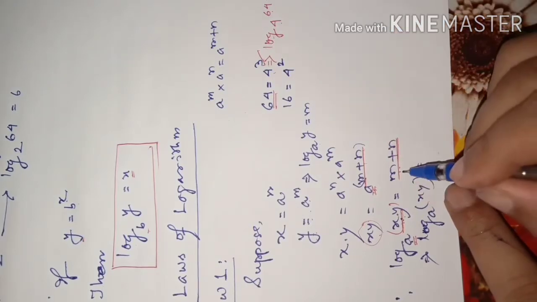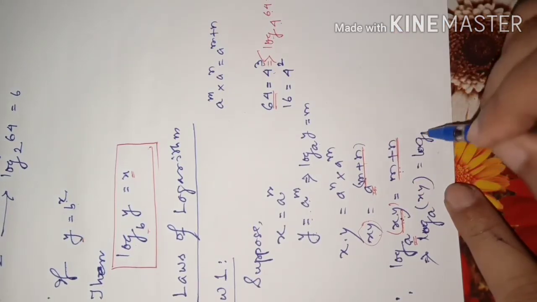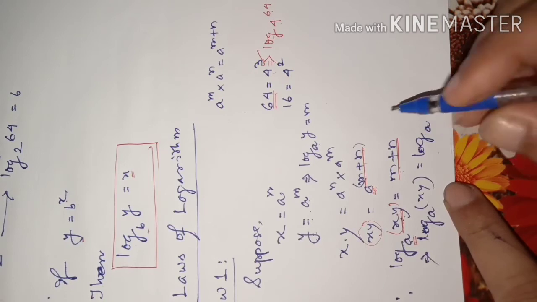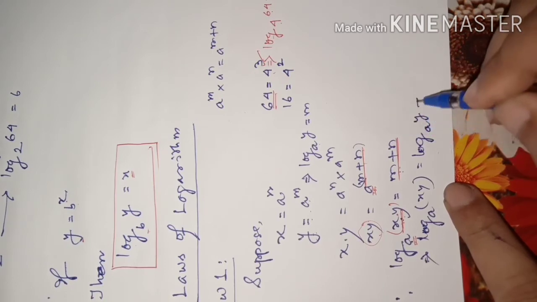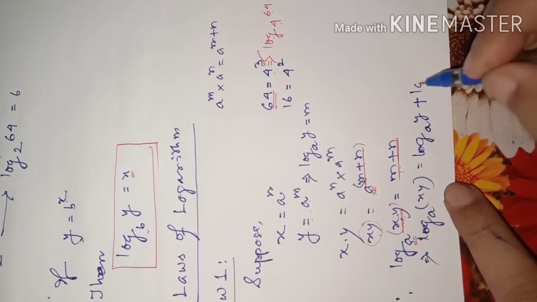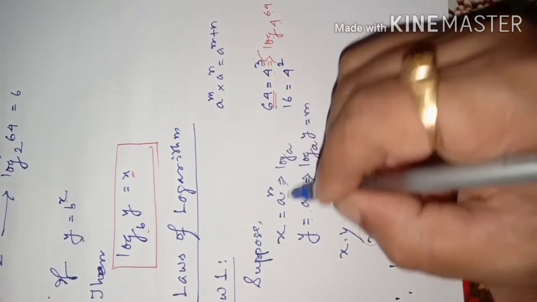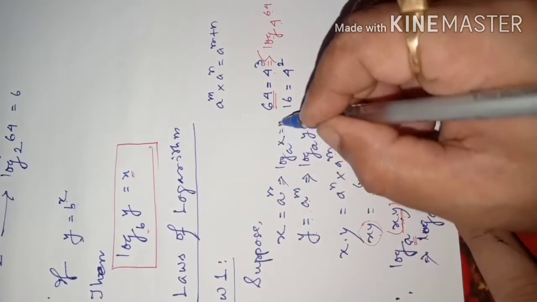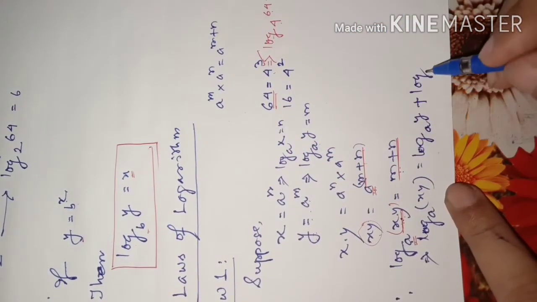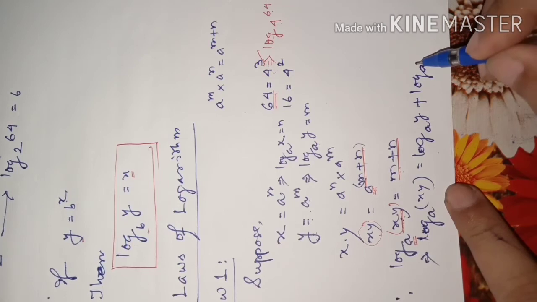So m is log to the base a of y. Then in a similar way, log to the base a of x is equal to n. So this will be log to the base a of x.